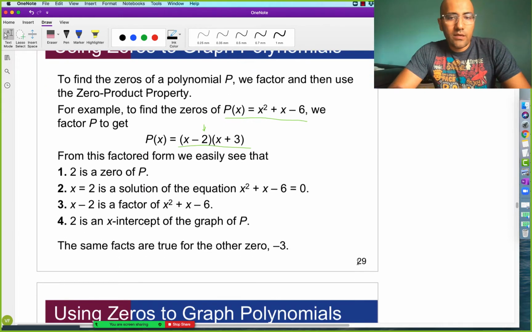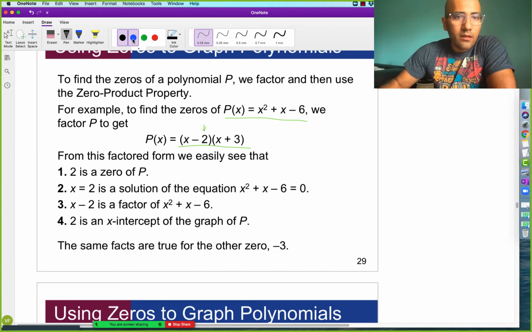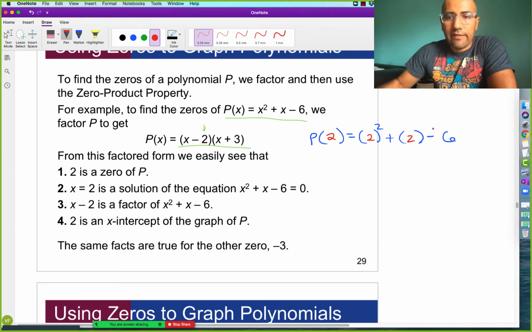Then we explored this polynomial, we factor it, and we see that the number 2, if we replace this value here with a 2, like if we evaluate this polynomial, p of 2, we have two options. We can go to this polynomial, which is blank squared plus blank minus 6, and that blank is a 2, so we just plug it in there.